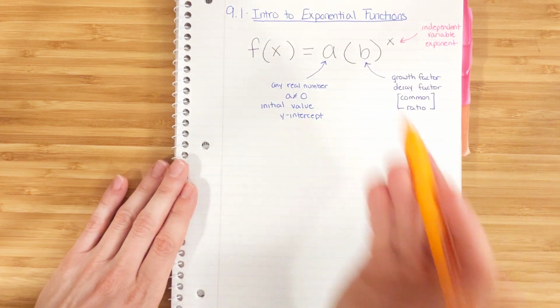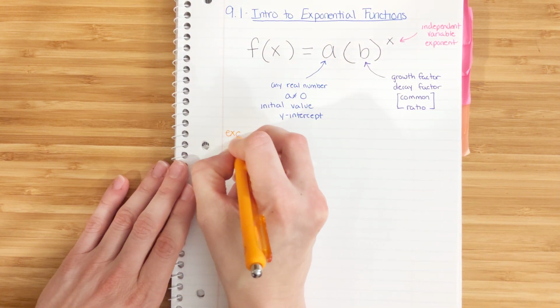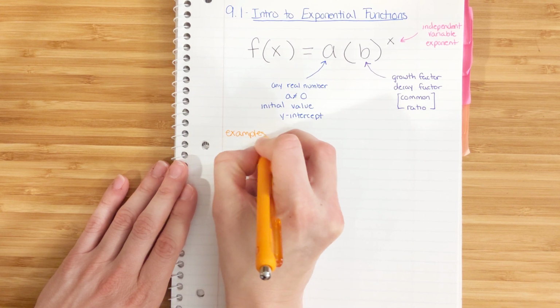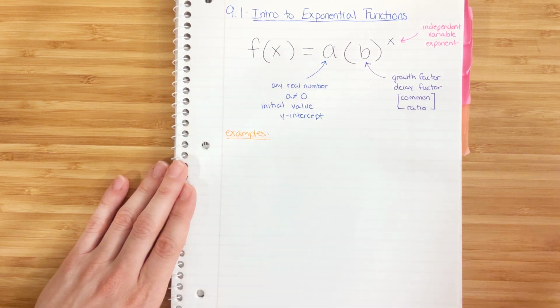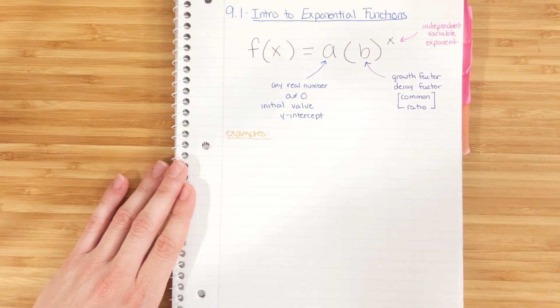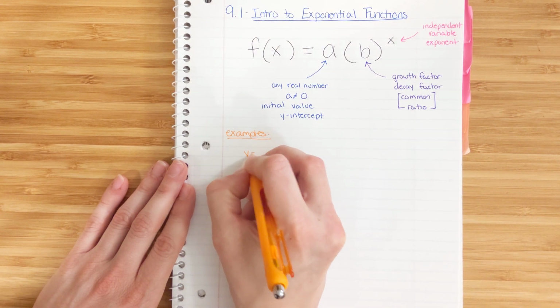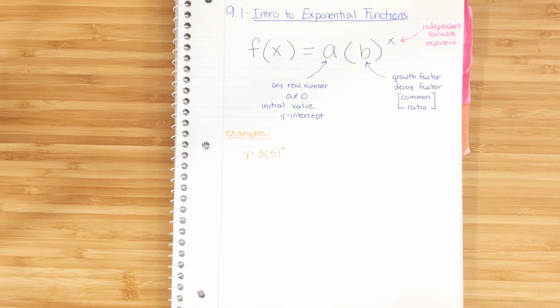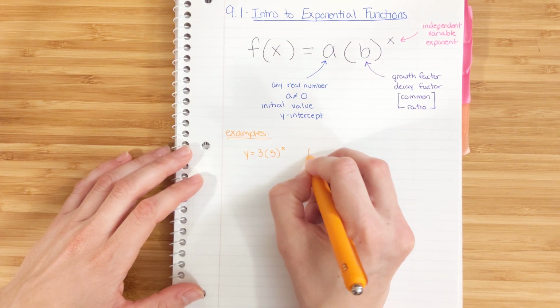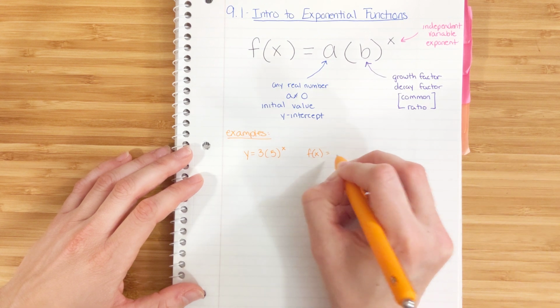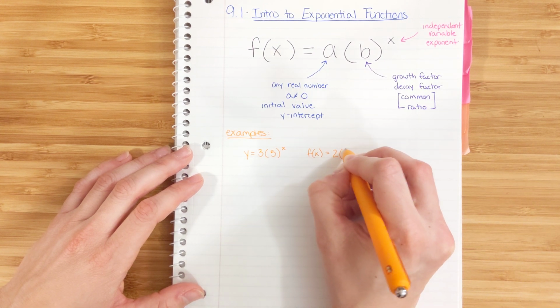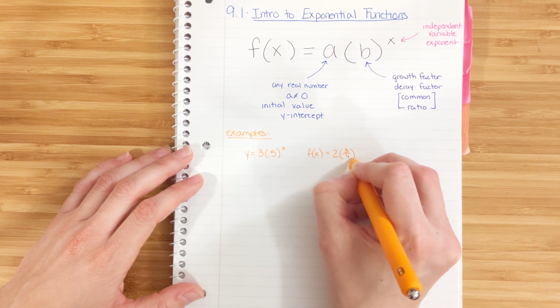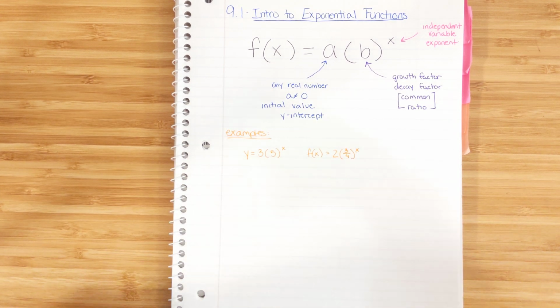So let's write down a couple of examples so that you have them in your notebook. One great example would be the equation y equals 3 times 5 to the x power. Another great example, f of x equal to 2 times, let's get funky here, 3/4 to the x power.